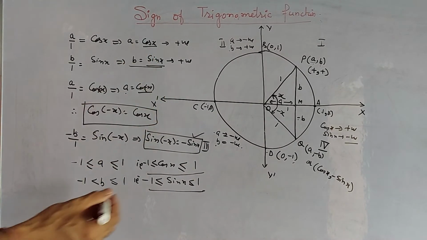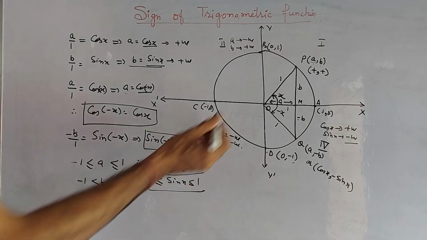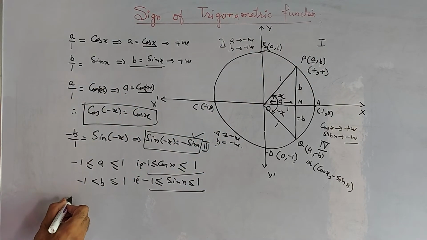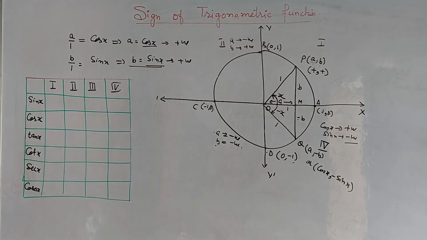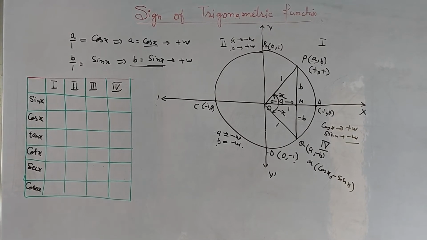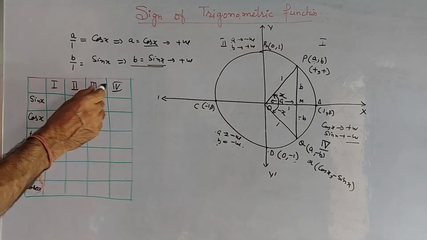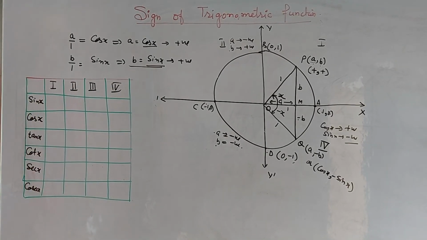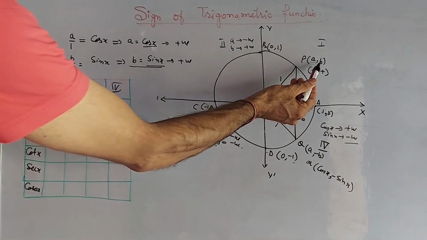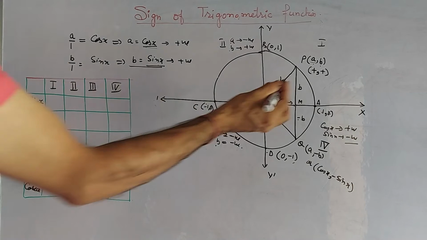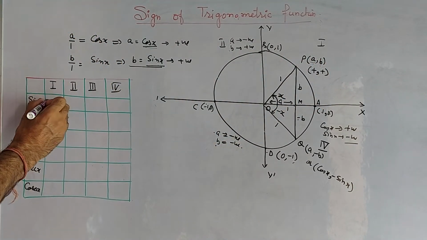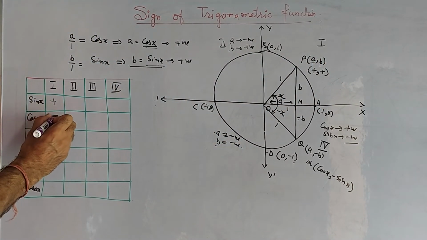Now we can also conclude from these values all six trigonometric ratios. See in the table, this is the first, second, third and fourth quadrant. These are the six trigonometric functions. First is sine. We take the first quadrant here. a is positive, b is positive, a is cos x and b is sin x, so both are positive.